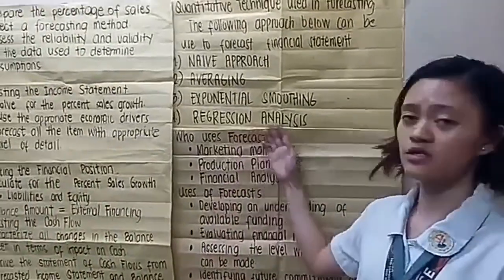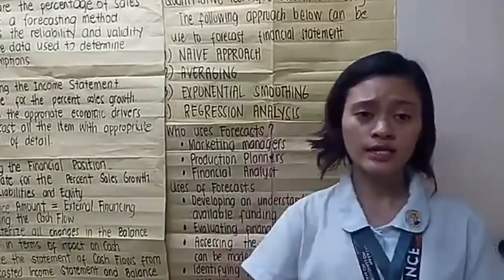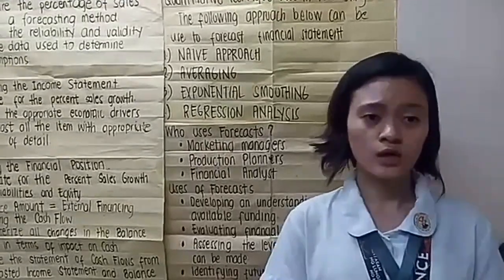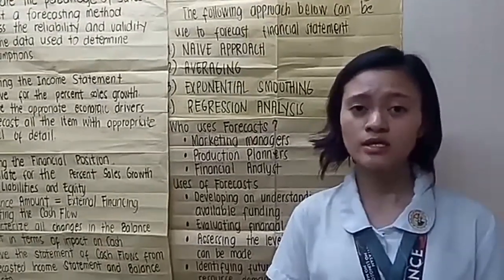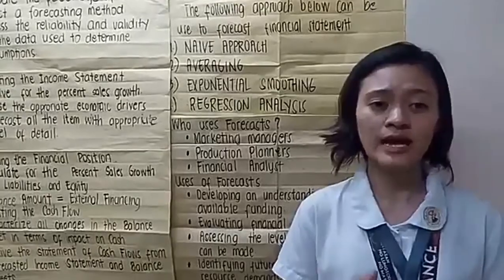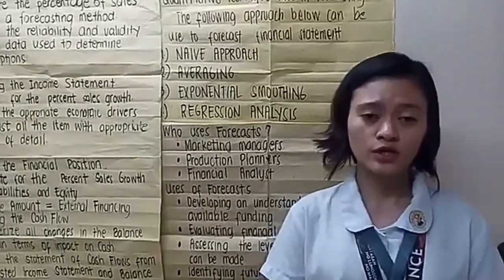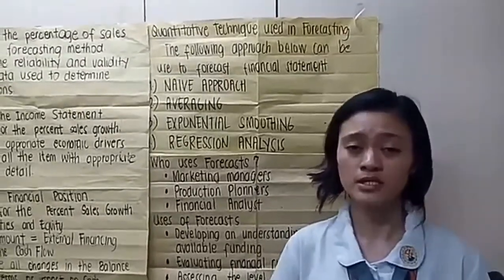Last is regression analysis. Regression analysis is one of the most mathematically focused choices of forecasting. Success with this method requires a good grasp of statistics as well as of the factors influencing your company's sales performance.